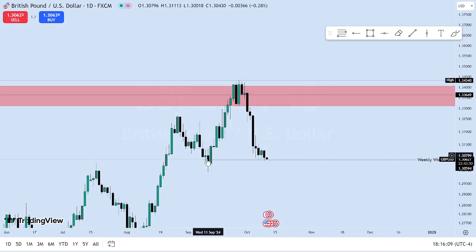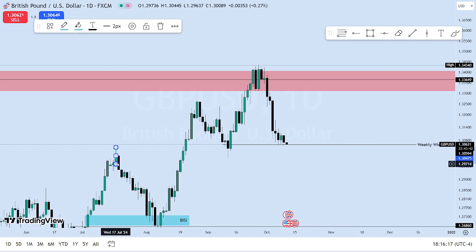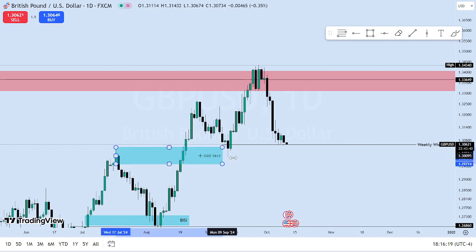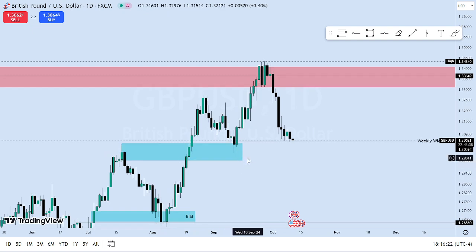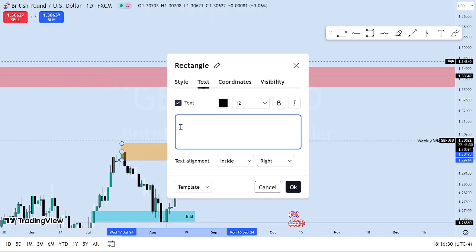Here to order block, last close candle, while we have our breaker here. Here is a breaker. Last up close candle. Here is a breaker. Last bullish up close candle.